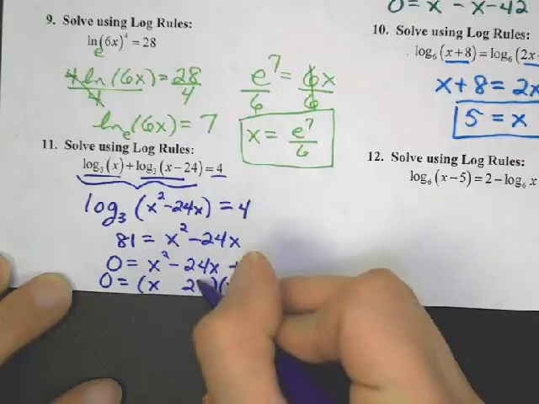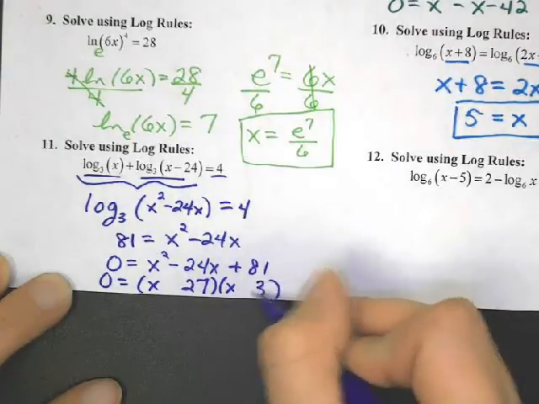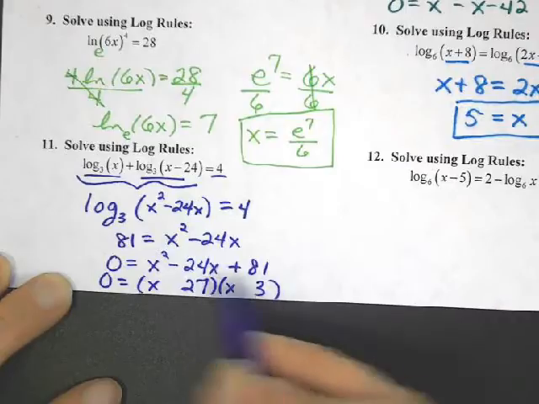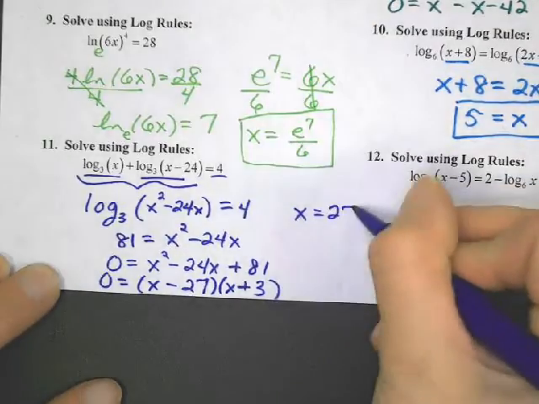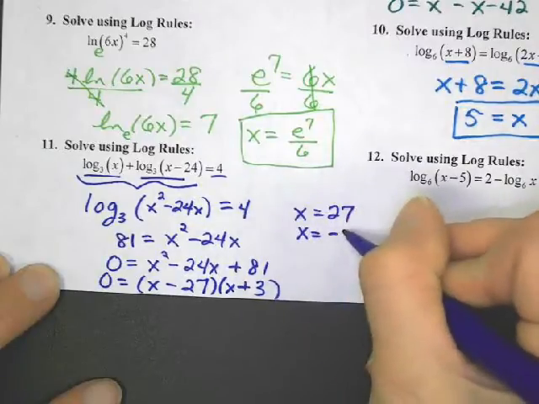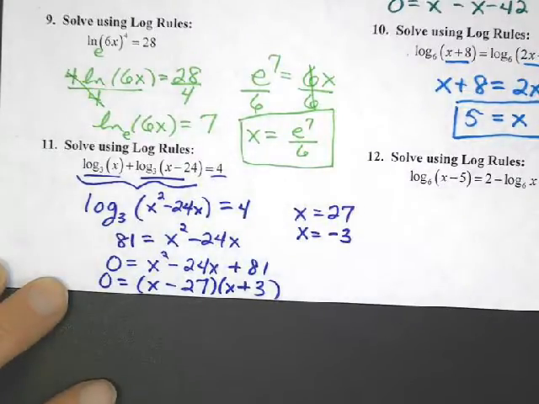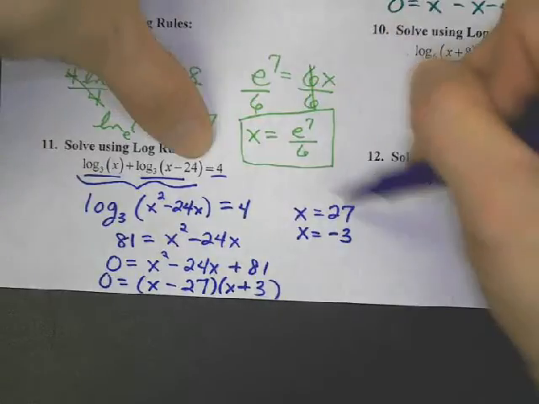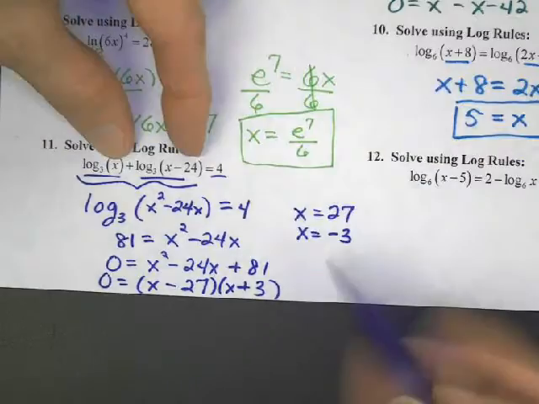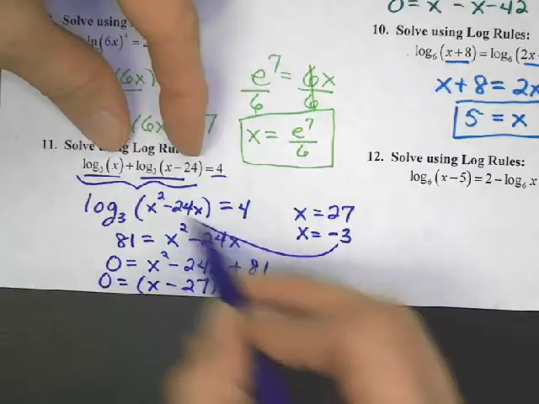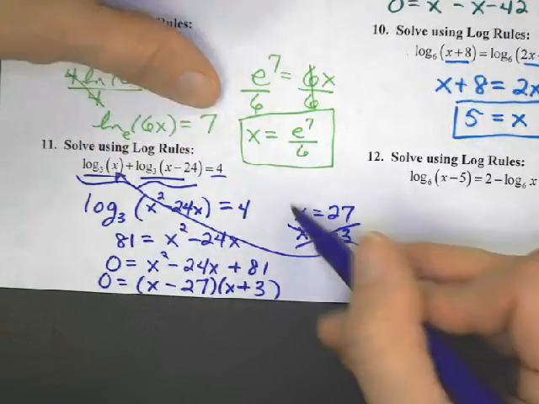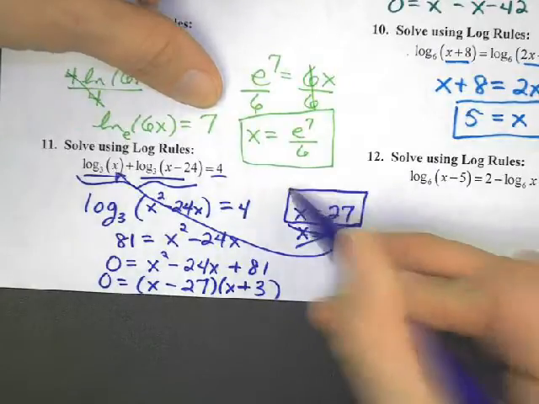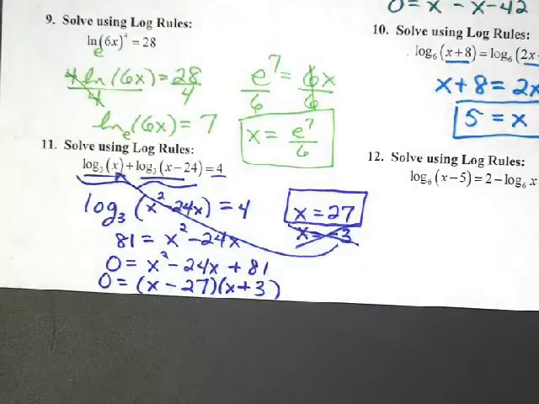Let's see, 27 times 3. And I'm going to make the 27 negative, positive. So x is equal to 27 and x is equal to negative 3. Let's make sure both of these are okay. 27 is okay in both of those arguments. Negative 3, ooh, not so much. Negative 3 is not going to work. That's extraneous. The only answer you'd put on the answer line would be 27.